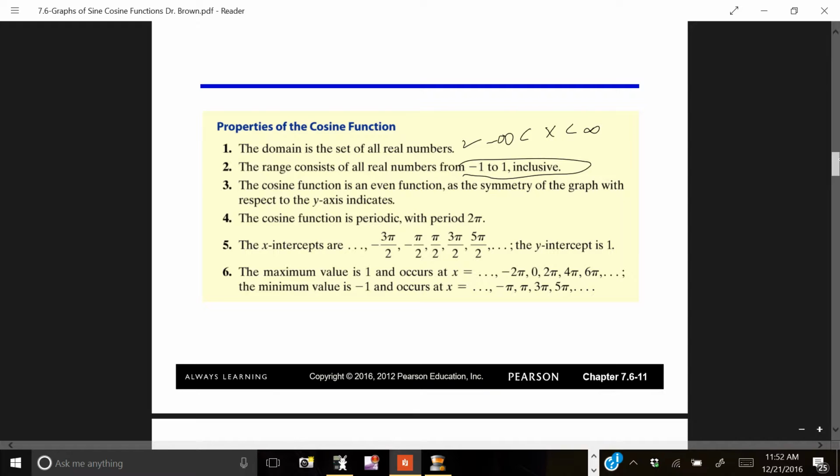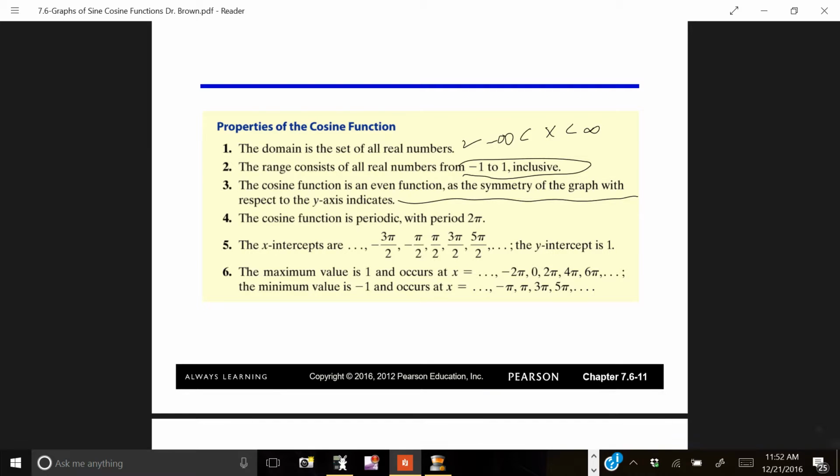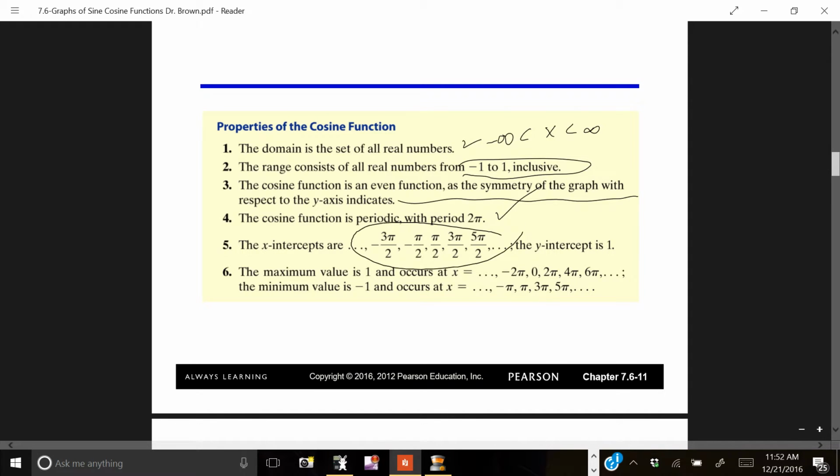And notice it's an even function and it's symmetric with respect to the y-axis. The cosine function is also periodic and has the same period as the sine function, and that is 2 pi. And then it goes through 0 at multiples of pi over 2. And the maximum value of the function is plus 1, and the minimum value is minus 1.